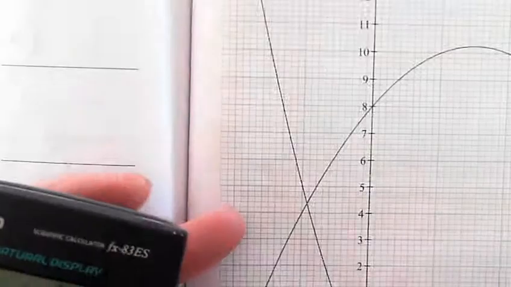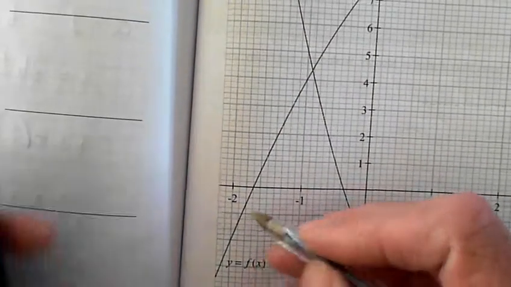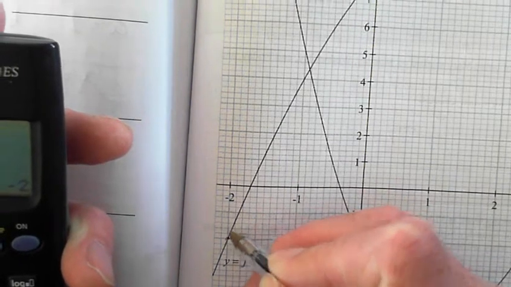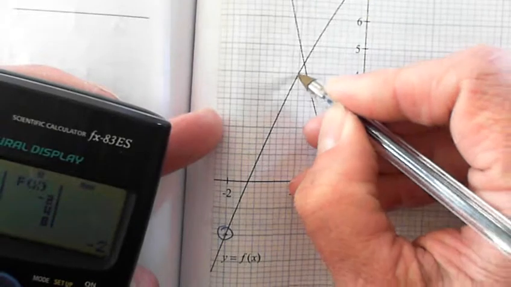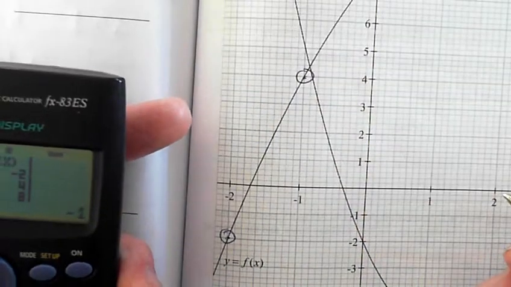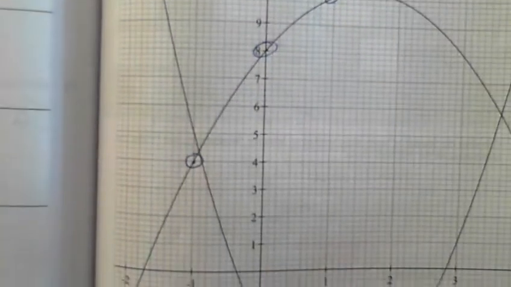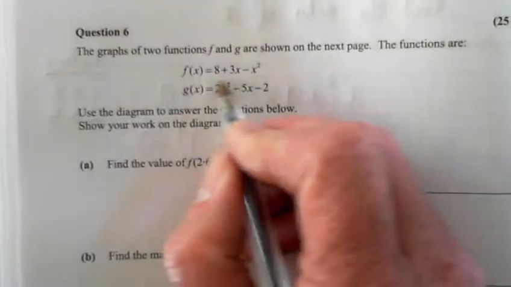So minus 2 is down here. So straight away it's this one, isn't it? The one that's curving up. Next one, minus 1, 4. 0, 8. Right. So the one that curves up like that is the first one.